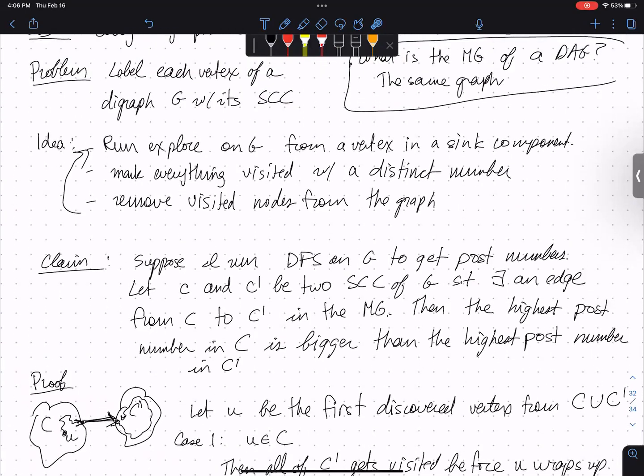I gave you a way to find a vertex in the source component, not sink, but we'll solve that problem later. A vertex in the source component without knowing the metagraph, just by running depth first search on G, taking the vertex with the highest post number, that guarantees that this is a vertex in a source component of the metagraph.